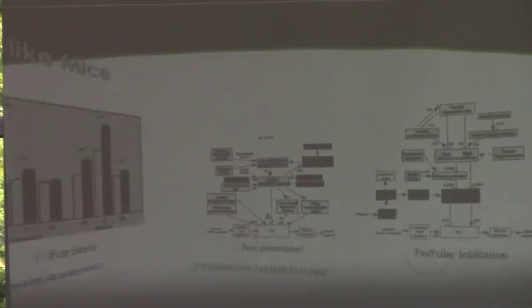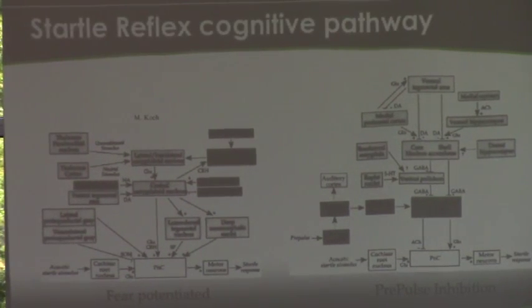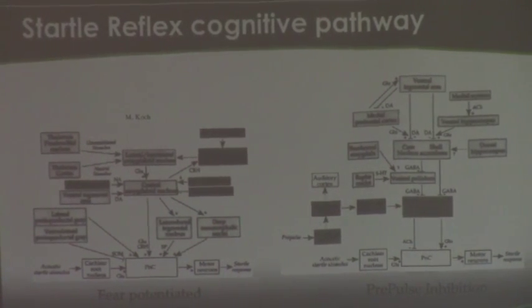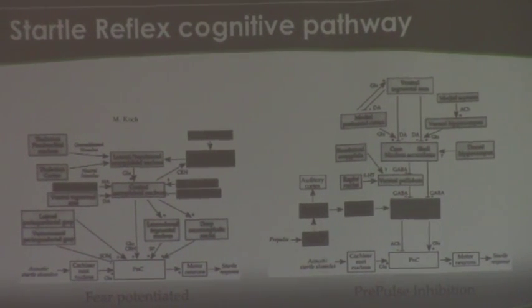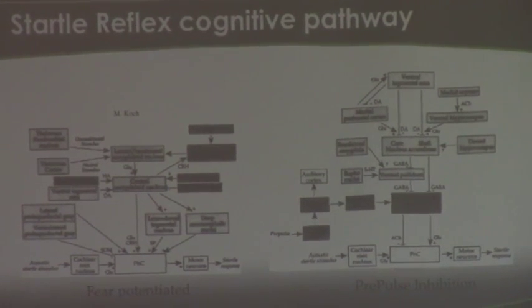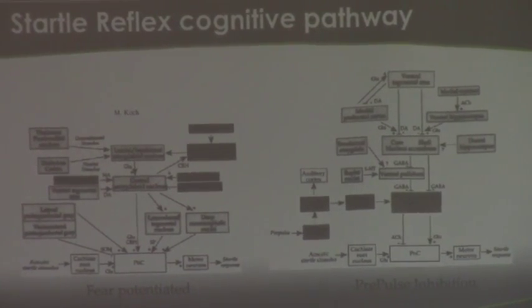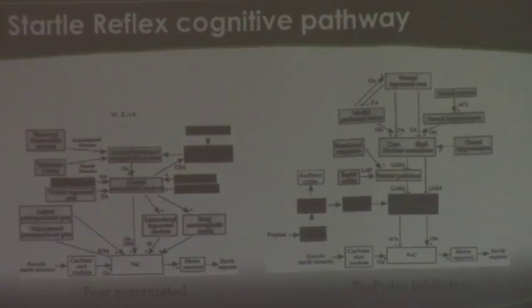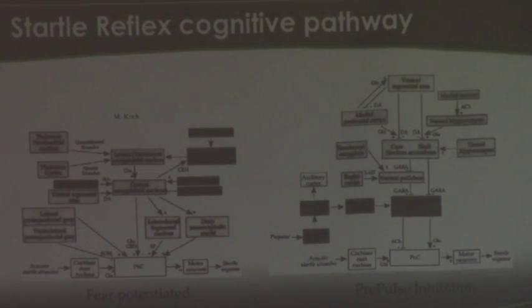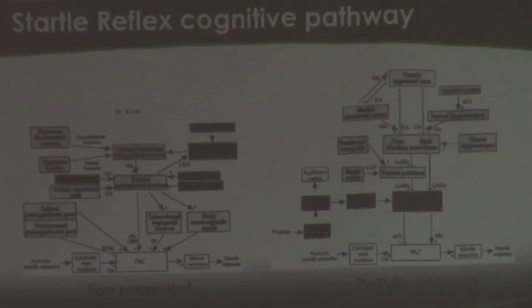After, I just want to propose a really complicated picture. In fact, I don't want you to read anything. It's just to say the different processing between fear potentiated and pre-pulse inhibition. In fact, we can see in fear potentiated the principal pathway takes different structures, but the hippocampus is really implicated in memory.